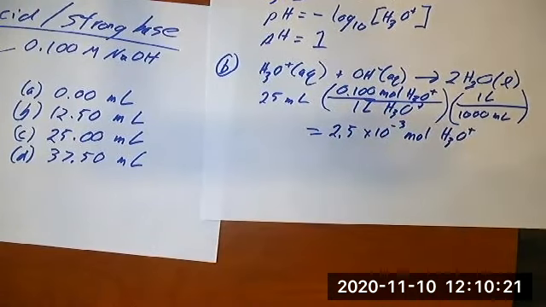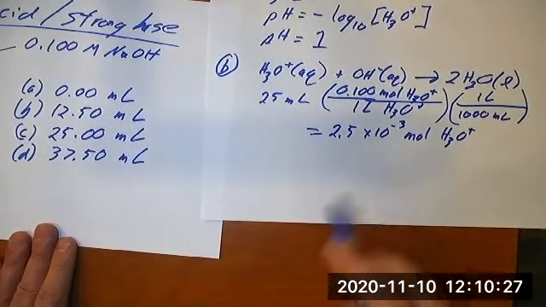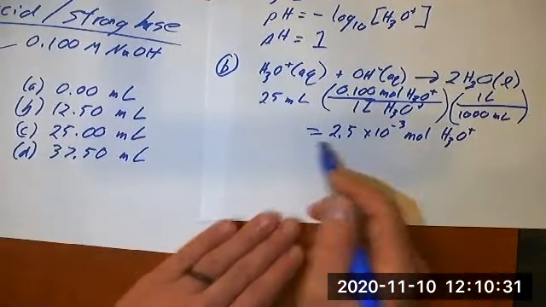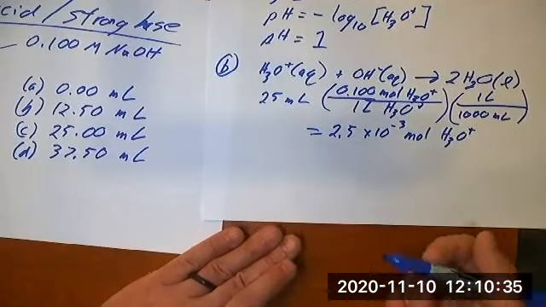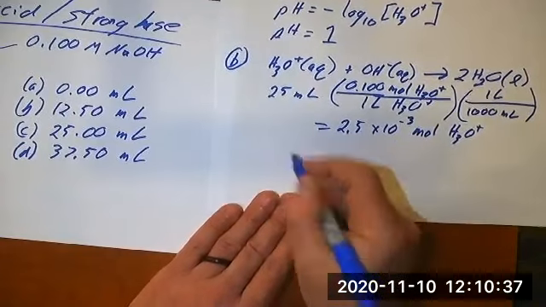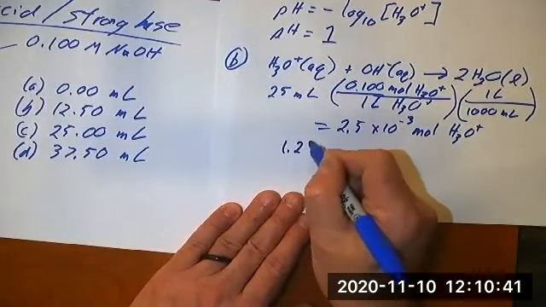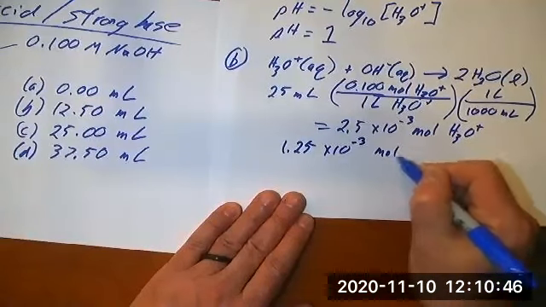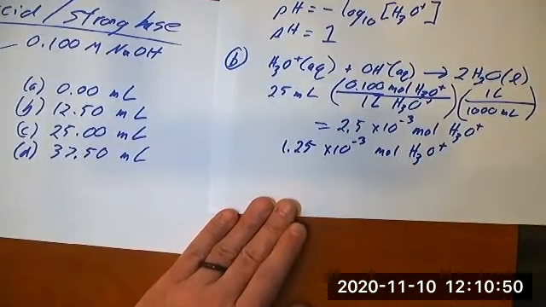Now, the argument we just went through said that half of this reacts away in this case because we added half this amount of the hydroxide. So we divide this by 2 to find out how much hydronium there is left after the reaction. So we have 1.25 times 10 to the minus 3 moles of hydronium after the neutralization reaction has happened.